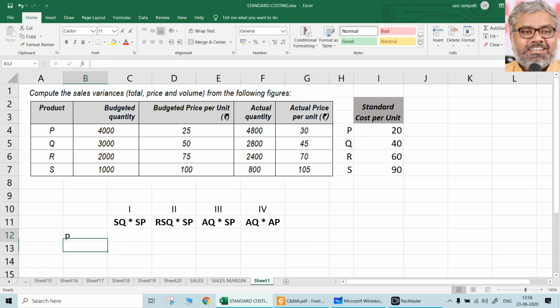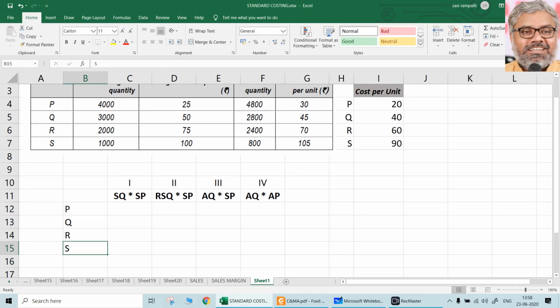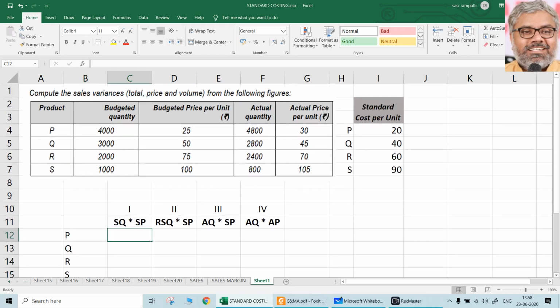So P, Q, or S. Wherever SP is there, SP or standard price or budgeted price, both are same. So we are calculating sales variances first, then we'll come to sales margin variances. First let us fill SP wherever it is, standard price for each unit of output that we are selling.